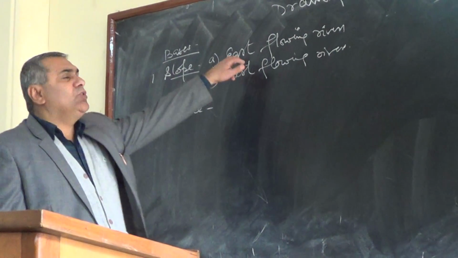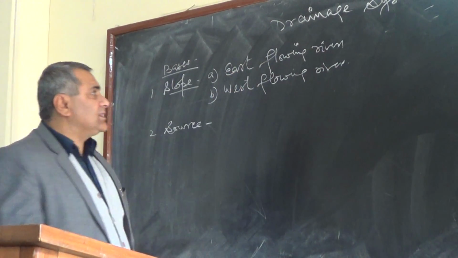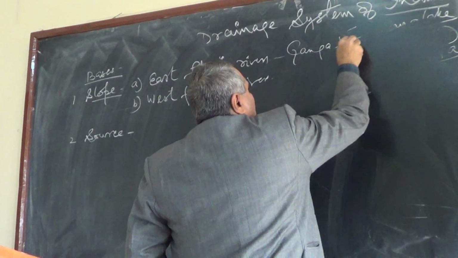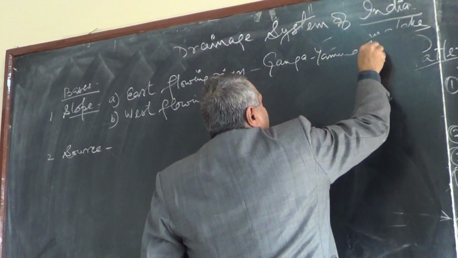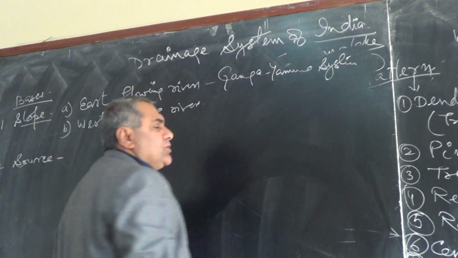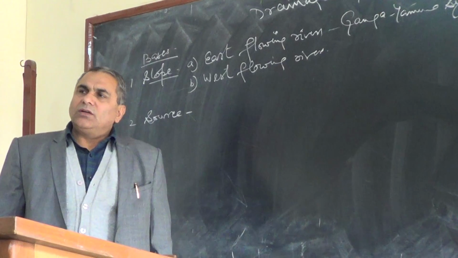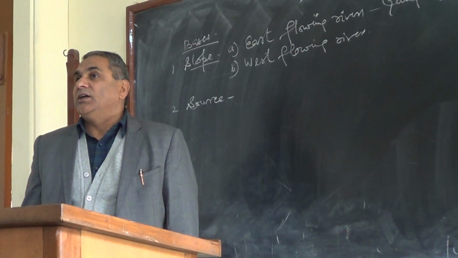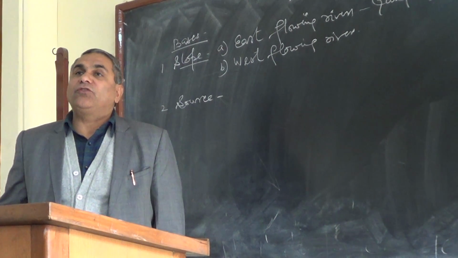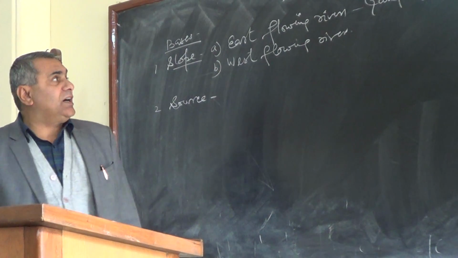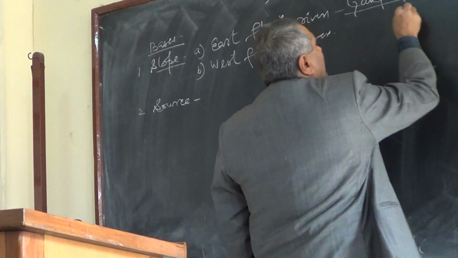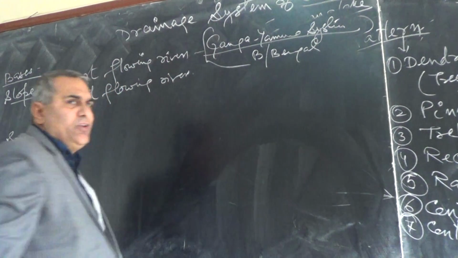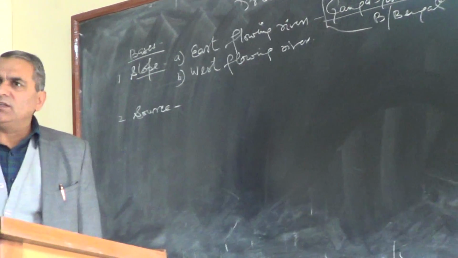I think you must know the east flowing rivers: all the Ganga system, Yamuna system, are flowing towards east. Or the rivers originating from the peninsular plateau like Godavari, Mahanadi, Krishna, Kaveri all flow towards east, draining into the Bay of Bengal. They form the east flowing rivers.